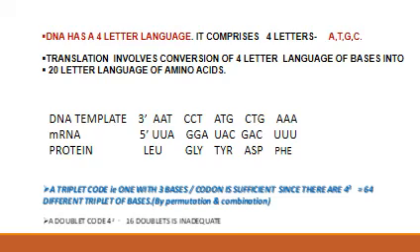So a triplet codon is one with 3 bases, and this is sufficient because there will be 64 combinations by permutation and combination. It can code for 64 different amino acids. Since there are 4 bases, 4 to the power of 3 is equal to 64 different triplets of bases.